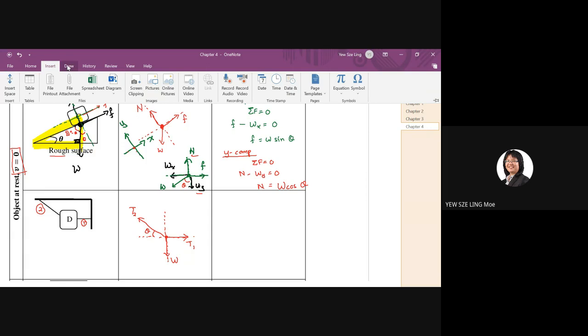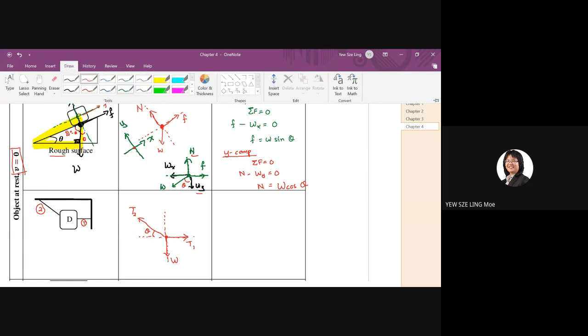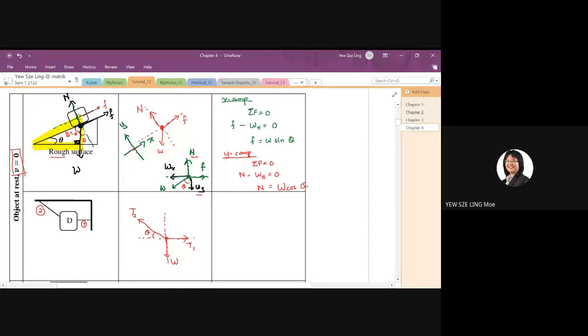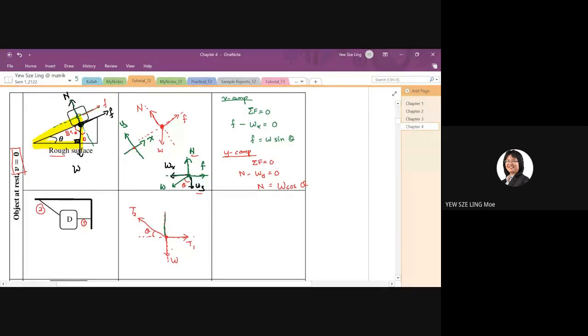Again, I want to solve the question, but before that, I need to resolve T2. In the exam, you can sketch the diagram with pen, and then resolve with pencil. You don't resolve with pen, because I'm afraid they might treat it as two additional forces, and then you're going to get the wrong answer.